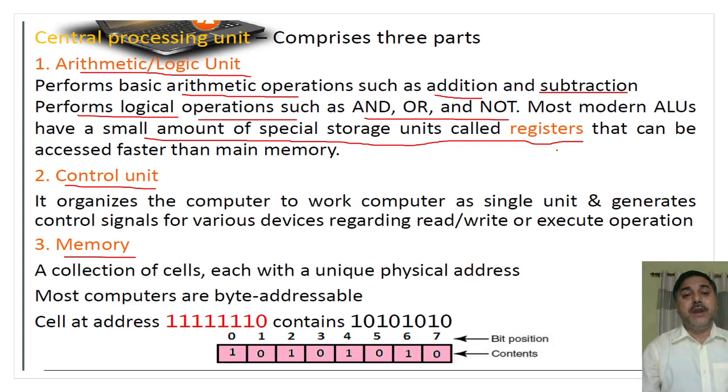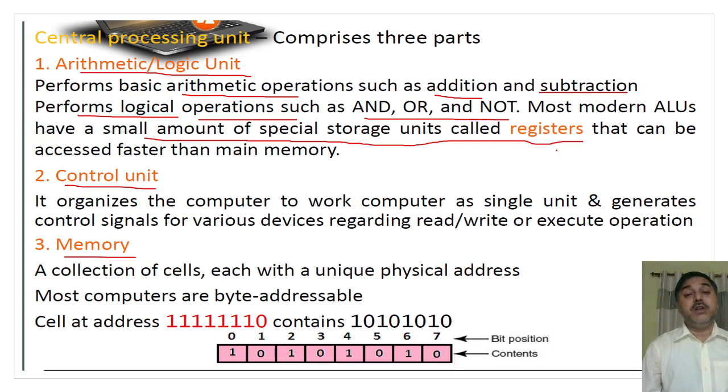So we have this particular pattern of data storage and data structure, and the device can find out where and how to perform this particular work. AND operation, OR operation, NOT operation, all these different patterns of operations can be done with the help of the arithmetic and logic unit.